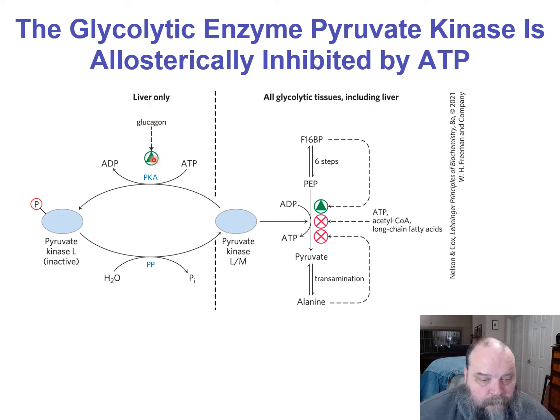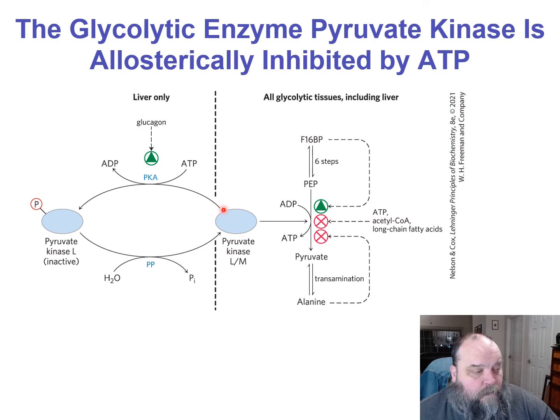So in the glucagon, it's coming through, saying ATP to ADP because of the protein kinase A. Pyruvate kinase L becomes inactivated because it's been phosphorylated, but it gets the phosphatase removing it.